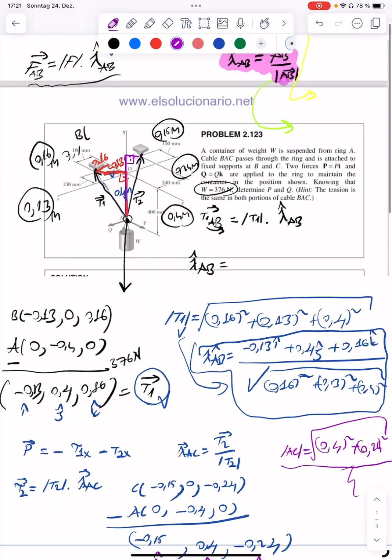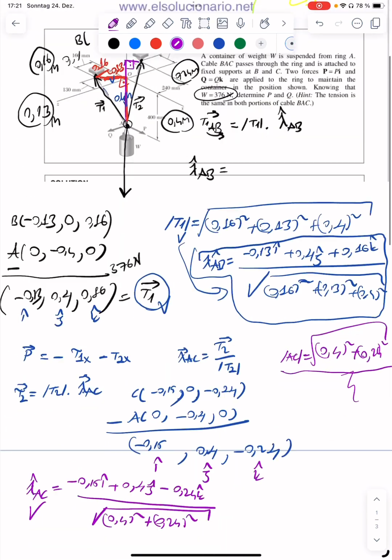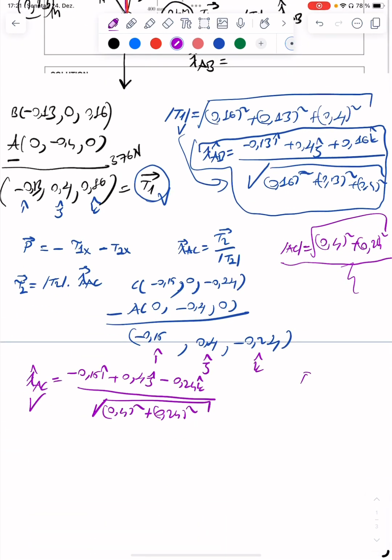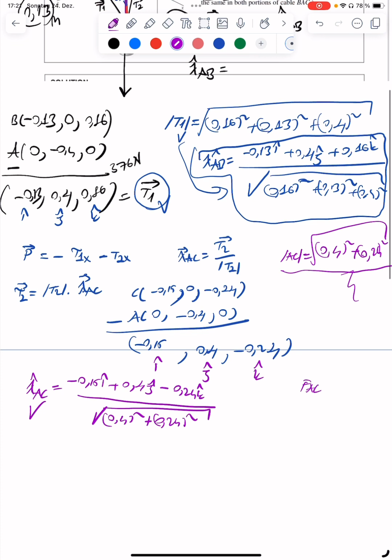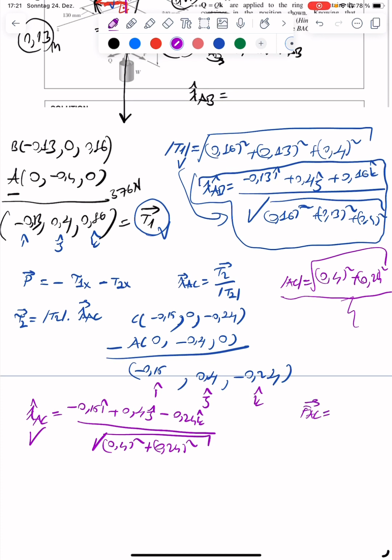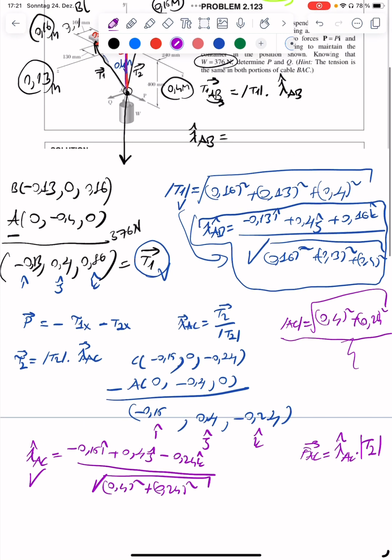In the first equation we need F AC is equal to lambda AC hat cross the F magnitude. We say about the T2 magnitude.